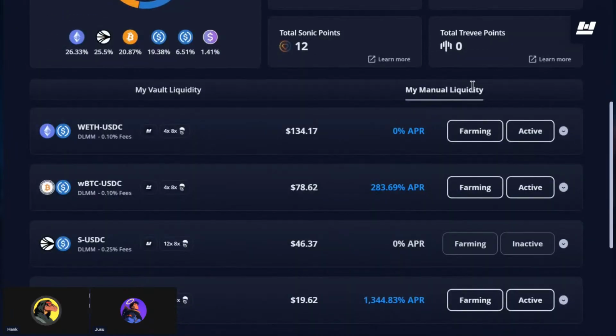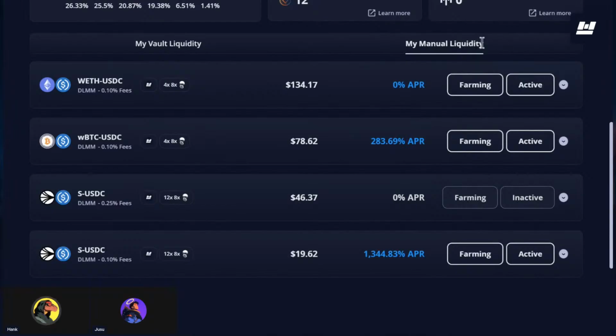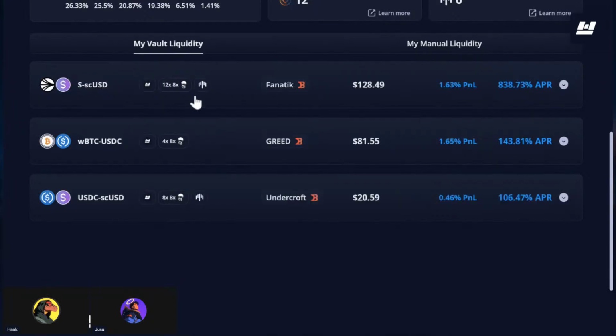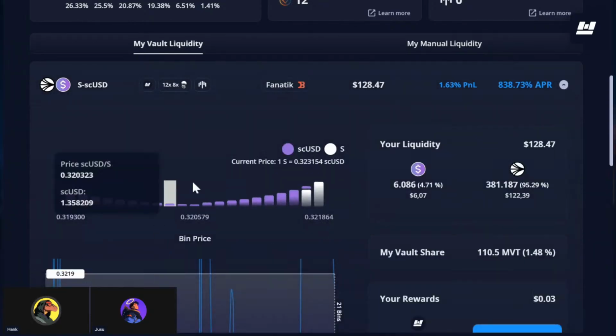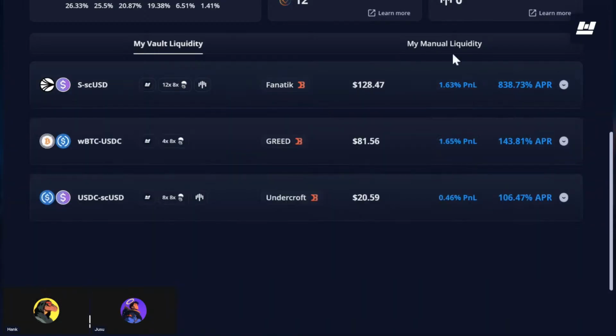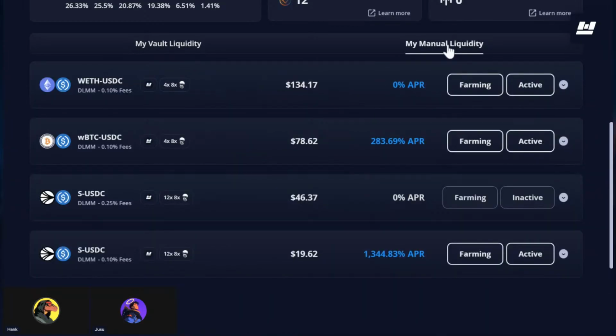And now you can see here, this is my manual liquidity, and this is my vault liquidity. So with my vault liquidity as a liquidity provider, I'm laid back. I can just look how they're doing. And here you can see these different shapes that they're deploying. And my own one, I need to take care of, right?